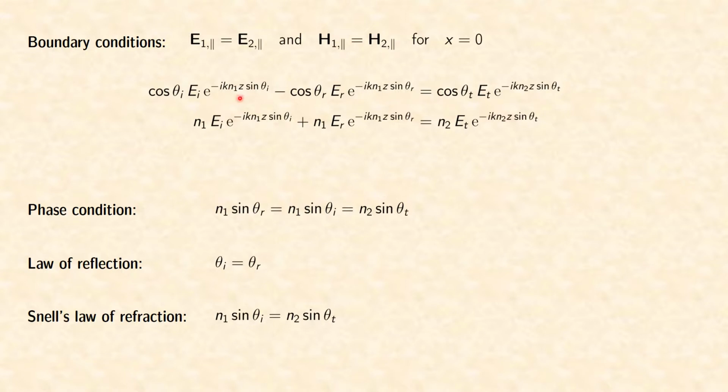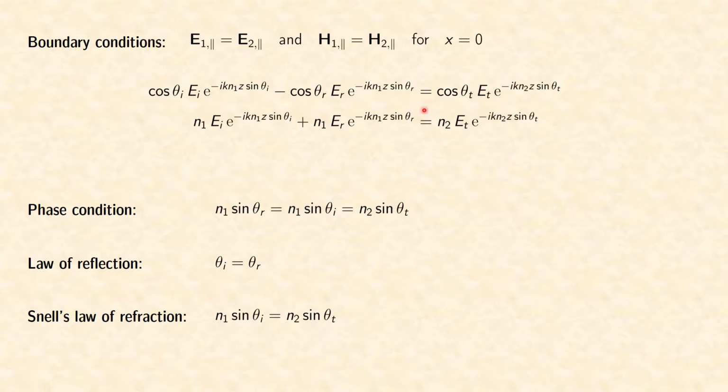However, this is only the case for the parallel part of the field. We therefore have to take the z component of the electric field and skip the x component, which is perpendicular to the surface. And this gives the first equation.